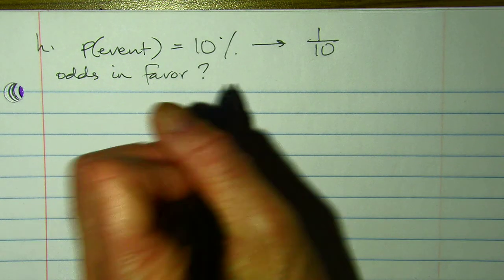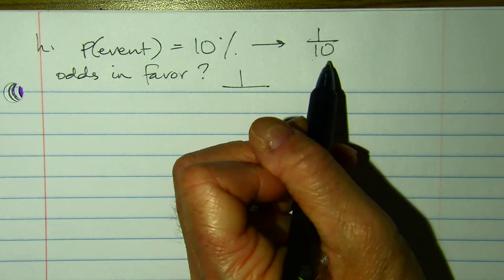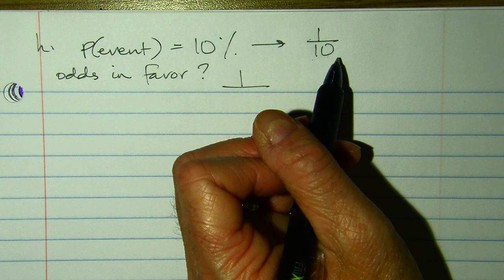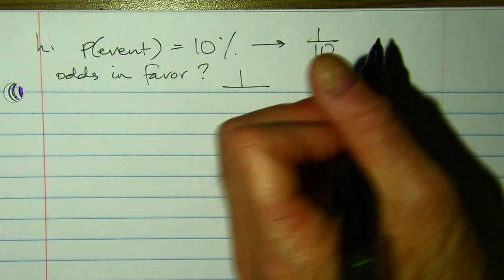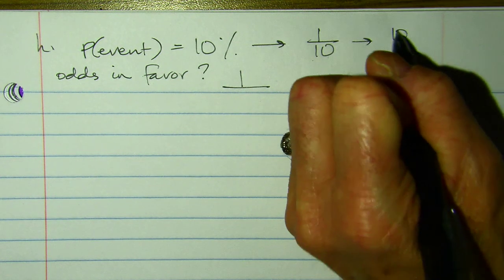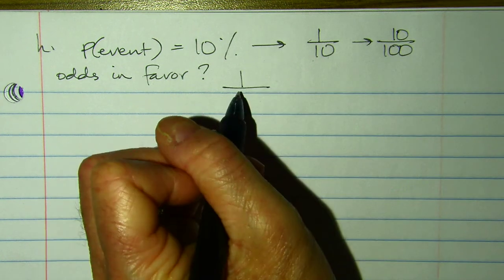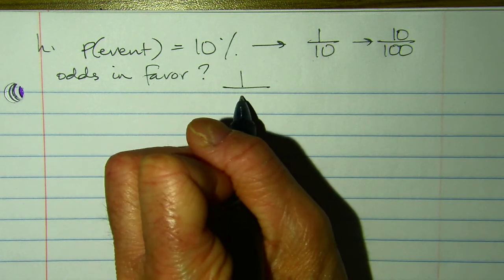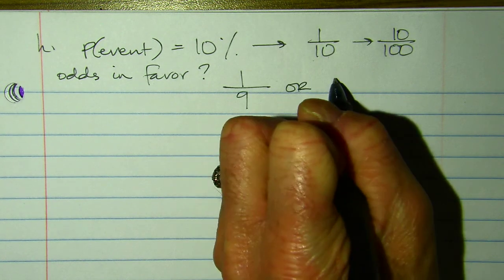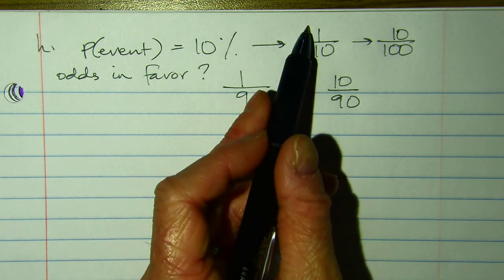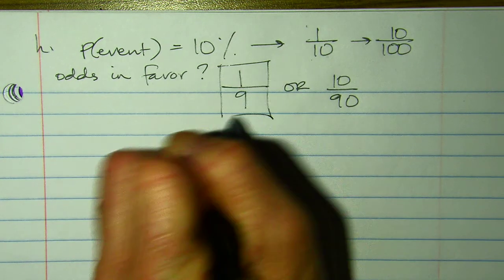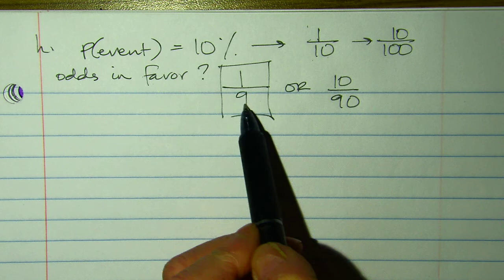So odds in favor, remember the top number is the same, but this should be all the items you don't want. So odds in favor would be 1 out of 9 or 10 out of 90, because it would be 10 minus the 1.